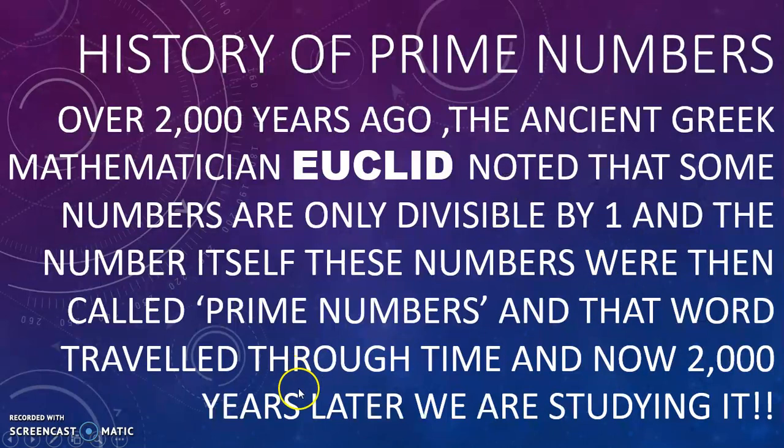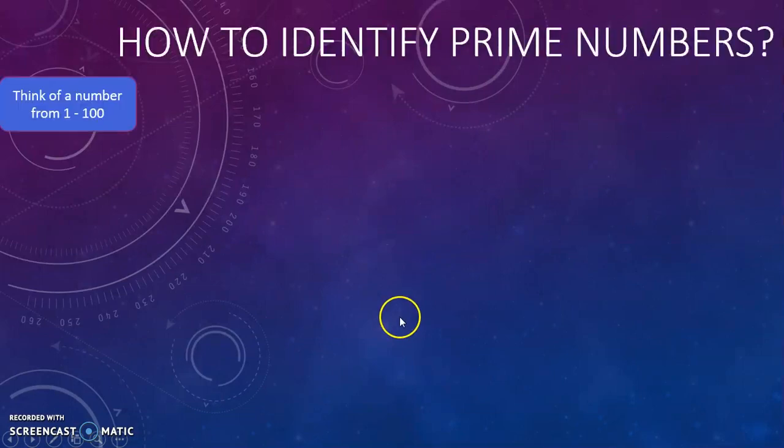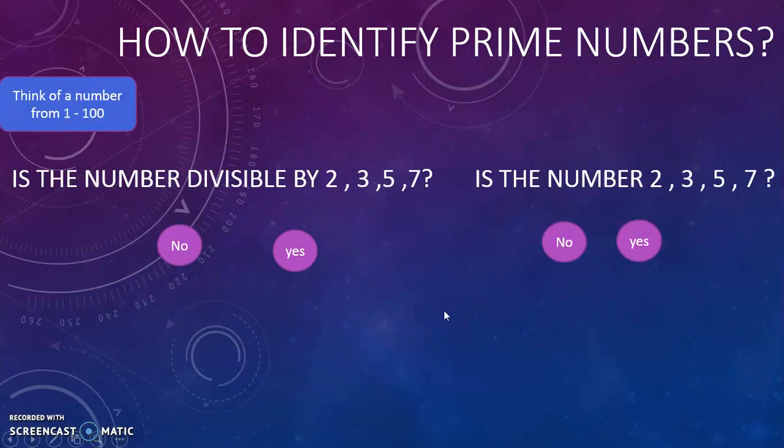Now let's move on. How to identify prime numbers. Think of a number from 1 to 100. Let's think of an example; I showed you examples earlier, so let's look at 13. Here are our questions and the answers we may give. First question: is the number 2, 3, 5 or 7?